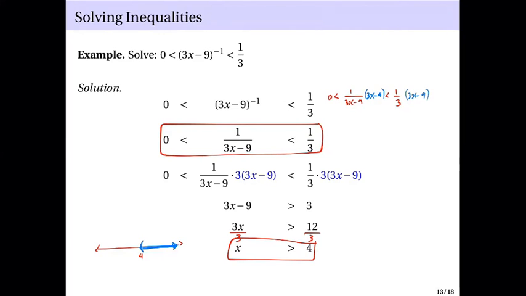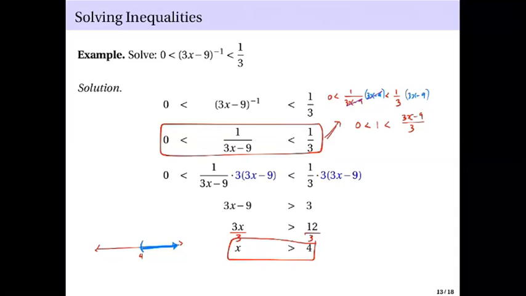So again, from this part, going to that direction, if we simplify this, we'll just have 0 less than 1 because this will cancel this. Okay? And then less than, for this part, you have 3x minus 9 divided by 3.